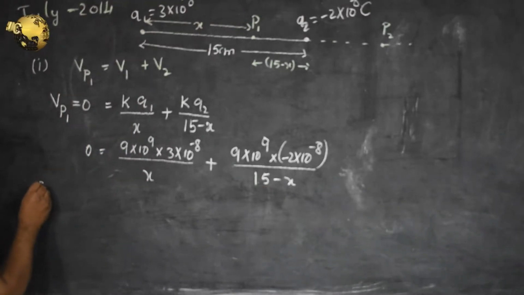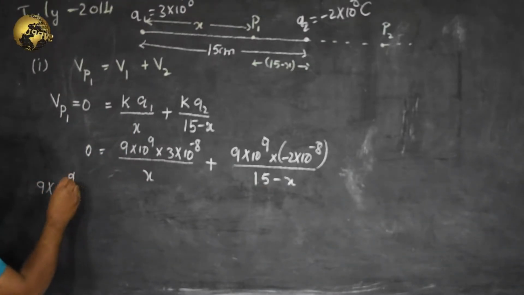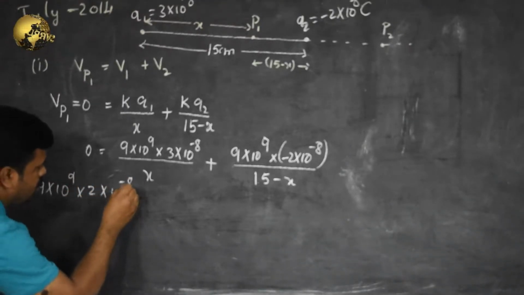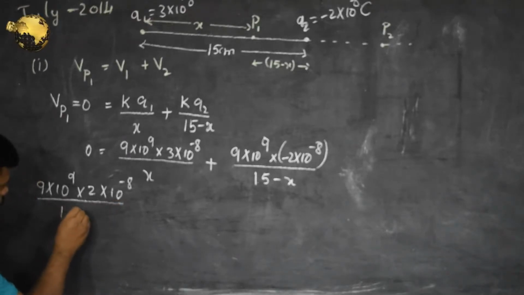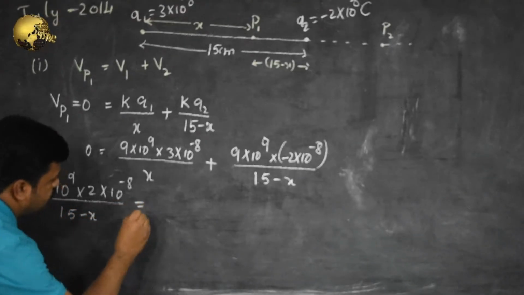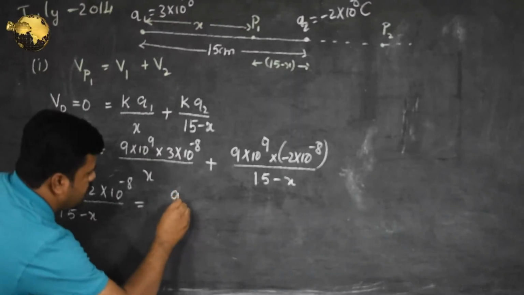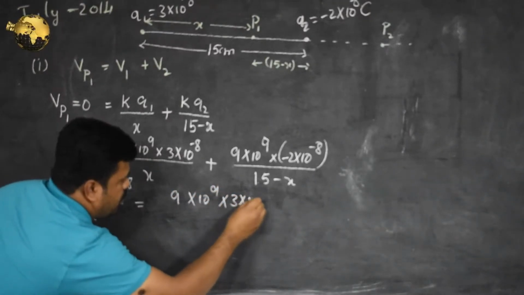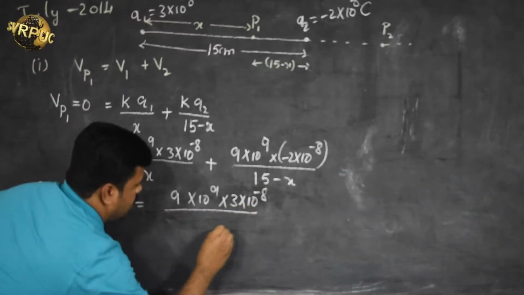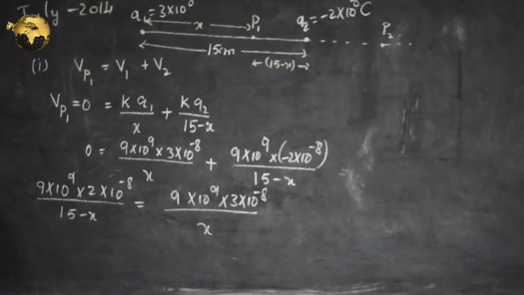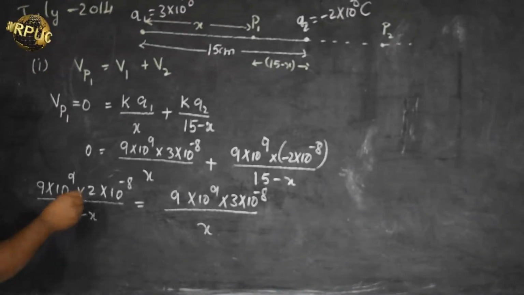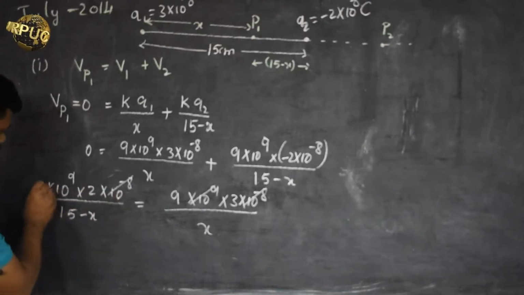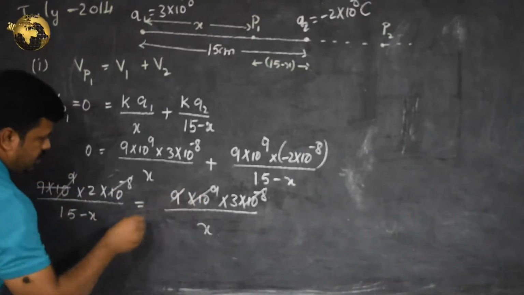So what happens? 9 into 10 to the power 9 multiplied by 2 into 10 to the power minus 8, whole divided by 15 minus x, is equal to the remaining value, 9 into 10 to the power 9, 3 into 10 to the power minus 8, whole divided by x. So let's solve this. The 10 to the power minus 8 and 9 into 10 to the power 9 entirely cancel out.